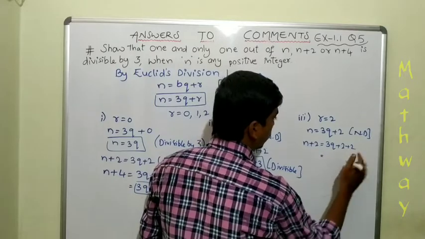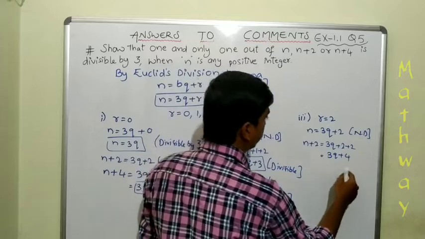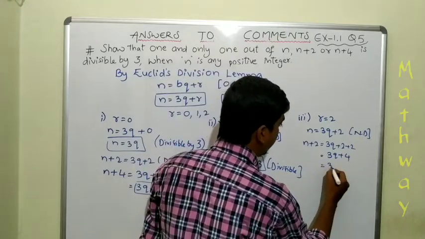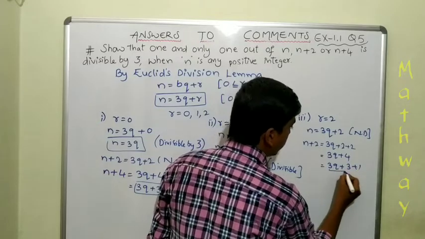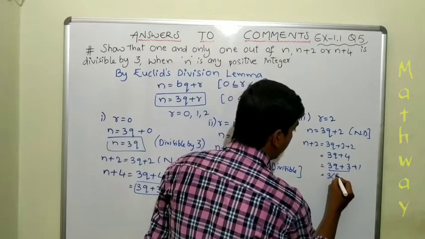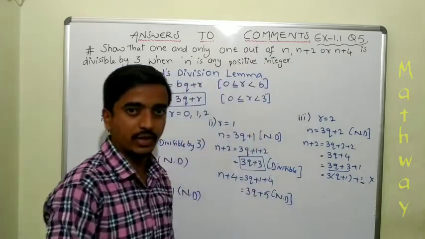So 2 plus 2 is 4. 3q plus 4. So this can be written as 3q plus 3 plus 1. So from this we can take 3 as common. Then 3 of q plus 1, plus 1. Remainder is 1, so it is not divisible by 3.